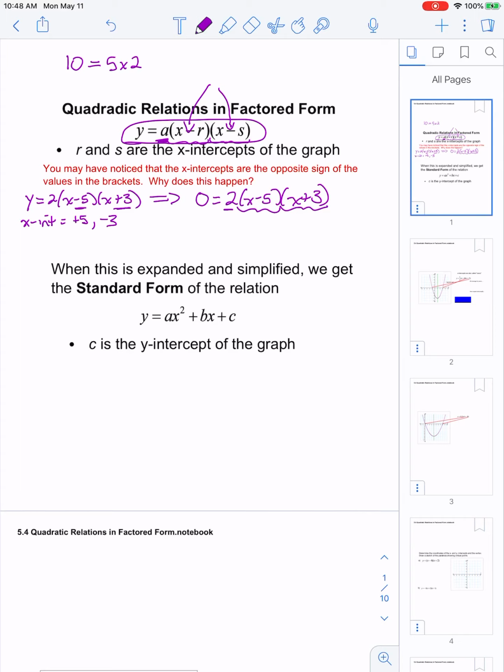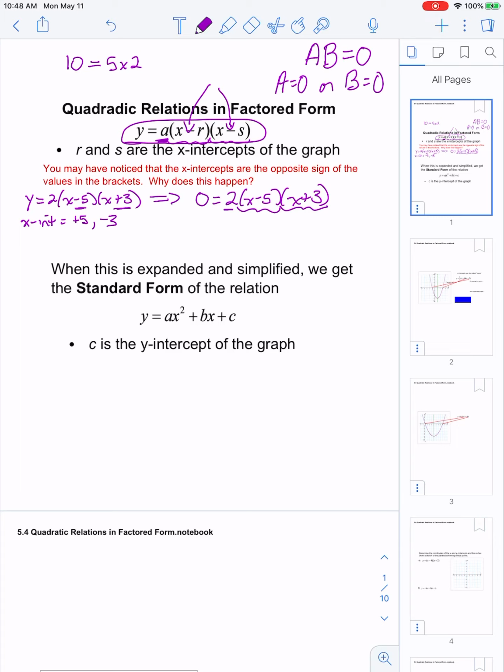Fundamental theorem of mathematics: if A times B equals 0, then either A has to equal 0 or B has to equal 0. The only way you can have two things multiplied together to equal 0 is if one of those two things is 0. You can try and defy me.